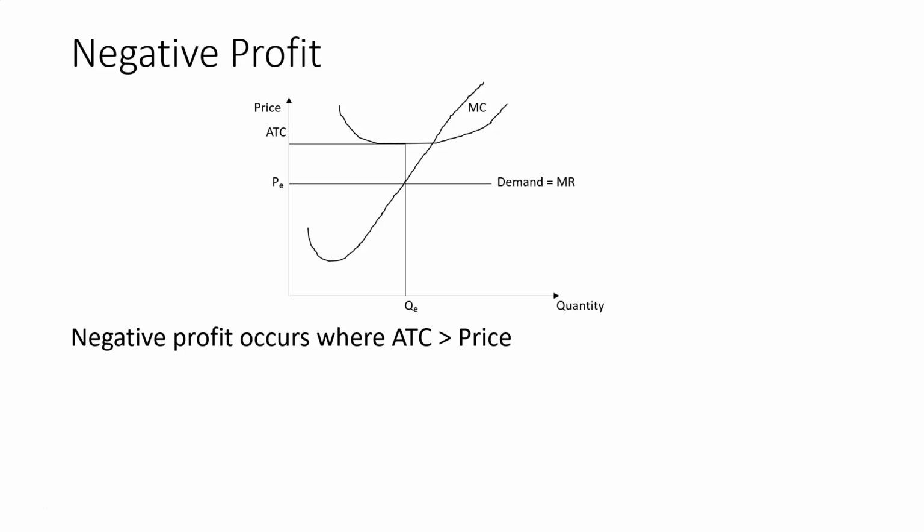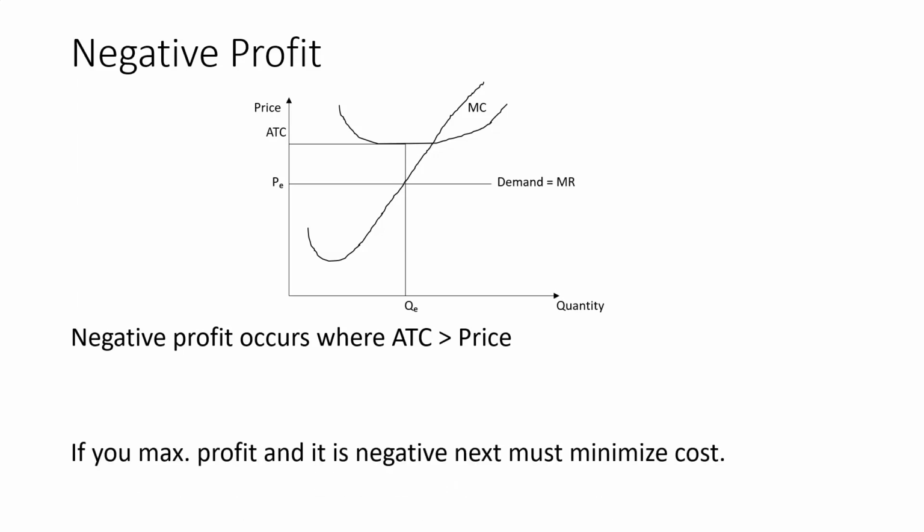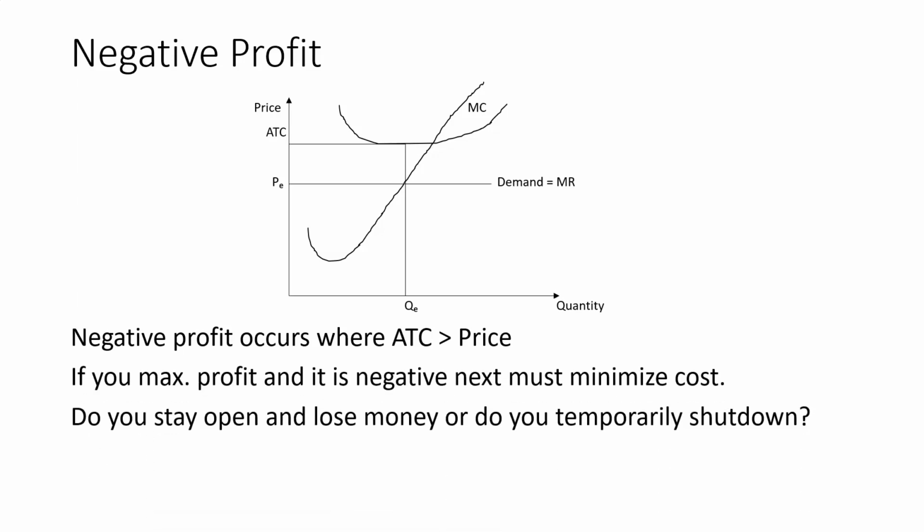Our choice is, do we stay open or do we temporarily shut down? If we stay open, we're going to lose this amount of money in here. But if we temporarily shut down, what is that going to cost us? And that's what we need to understand.